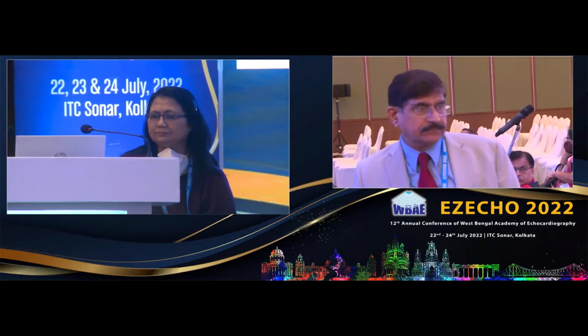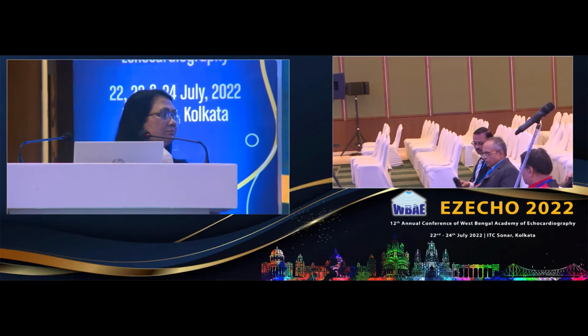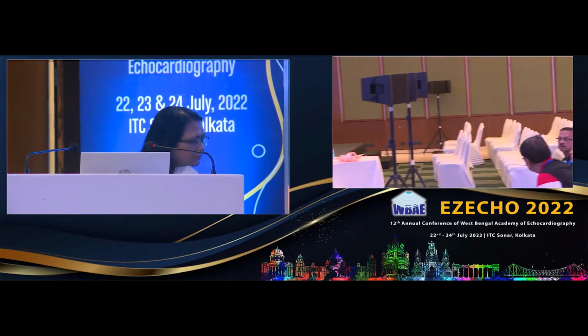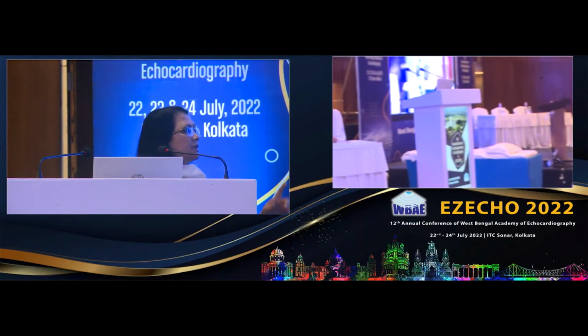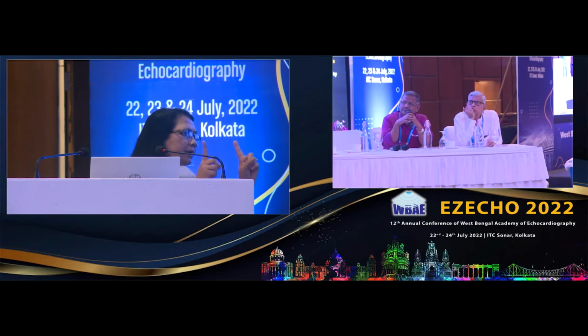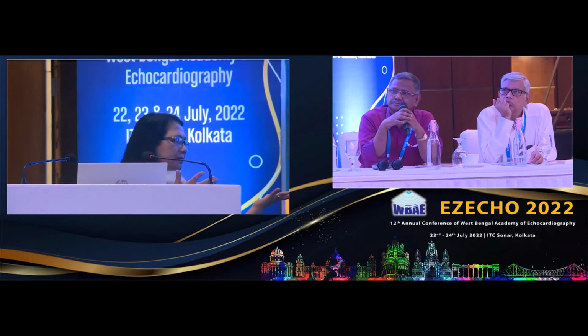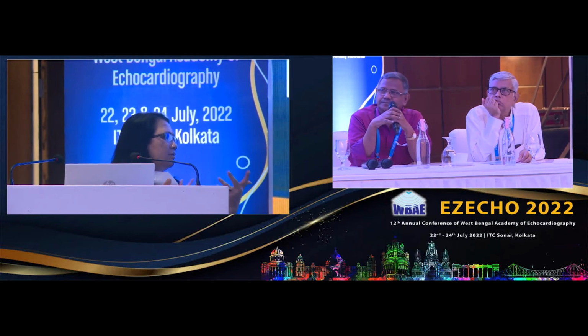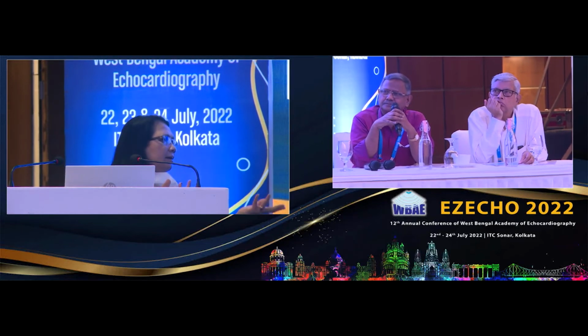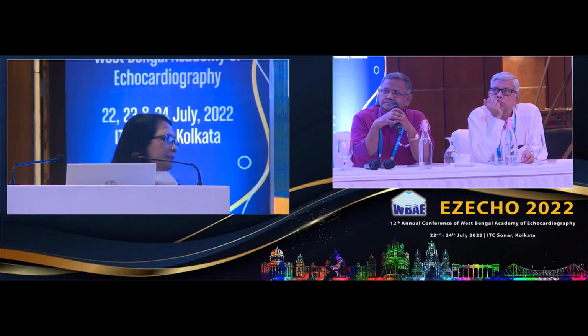One comment I'd like to make, madam: whether echo was done before angiography. No, sir, this is a radiologist who underwent angiography at another hospital, and because he was scared, what is the reason? Troponin I is raised, ST elevation is there, he had typical chest pain, and they are saying angio is normal. So what to do?